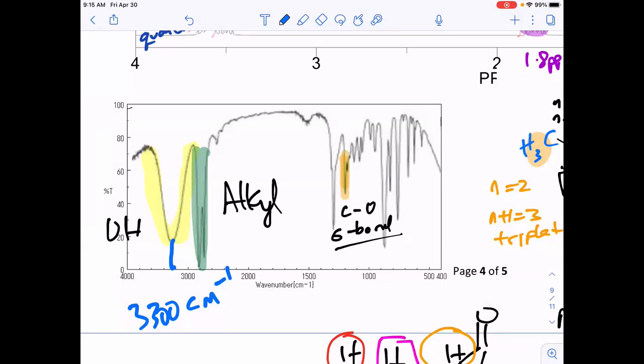So let's say the OH bond, the bond between oxygen and hydrogen, is stretching back and forth, kind of like two balls on a spring. It has a frequency, but you can convert it into wavelength. So let's say the wavelength is 3,000 or something like that, nanometers.